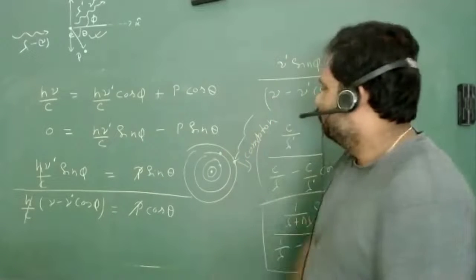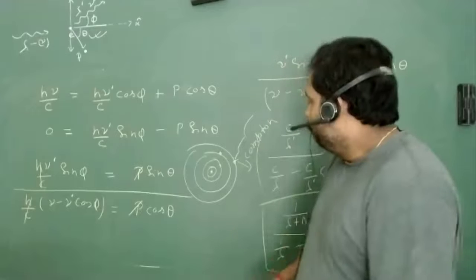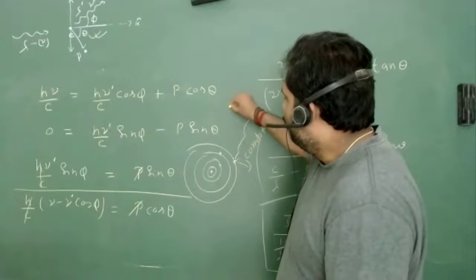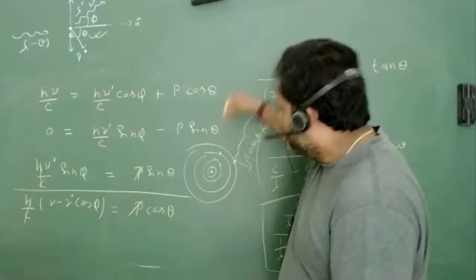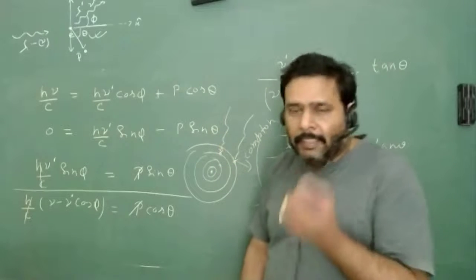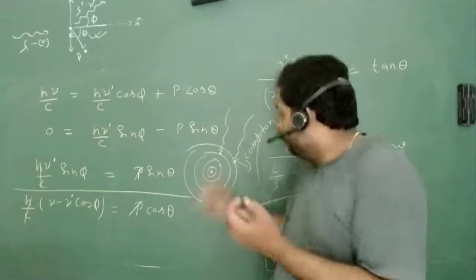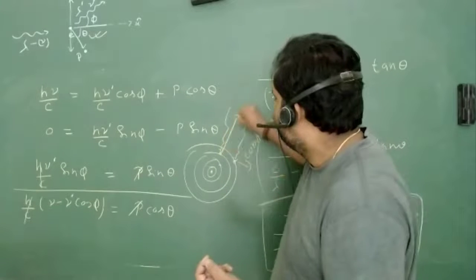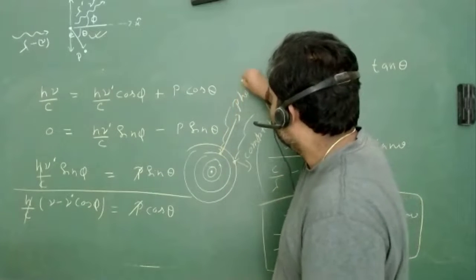And if light of less energy comes to an inner or more tightly bound electron, then it will give the photoelectric effect.